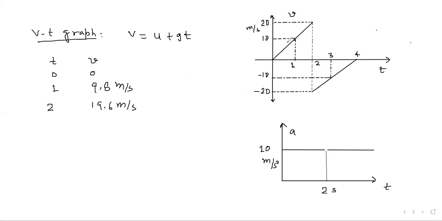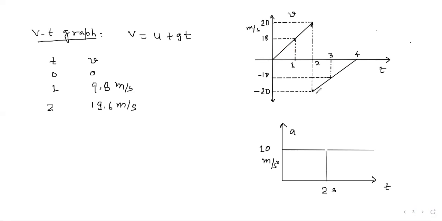So this is the corresponding value for 1 second. Velocity is just below 10 meters per second at this point, and at t equal to 2 seconds, velocity attains 19.6 meters per second. Now, suddenly it rebounds. So this is the position change. Now it starts moving up.